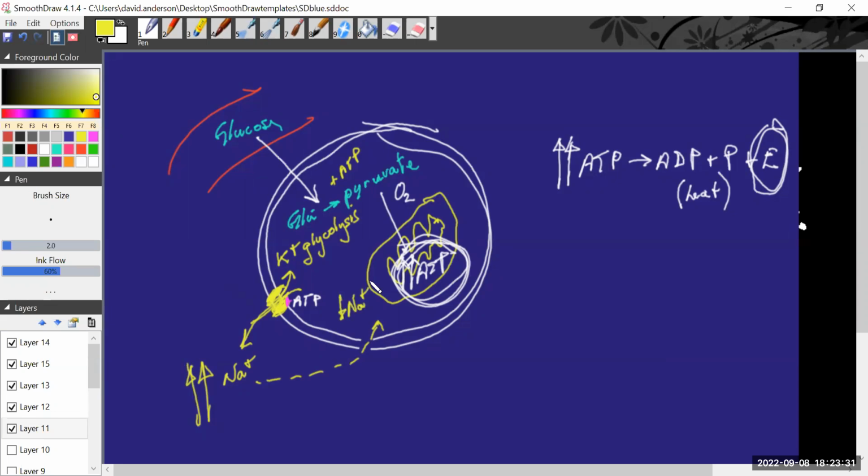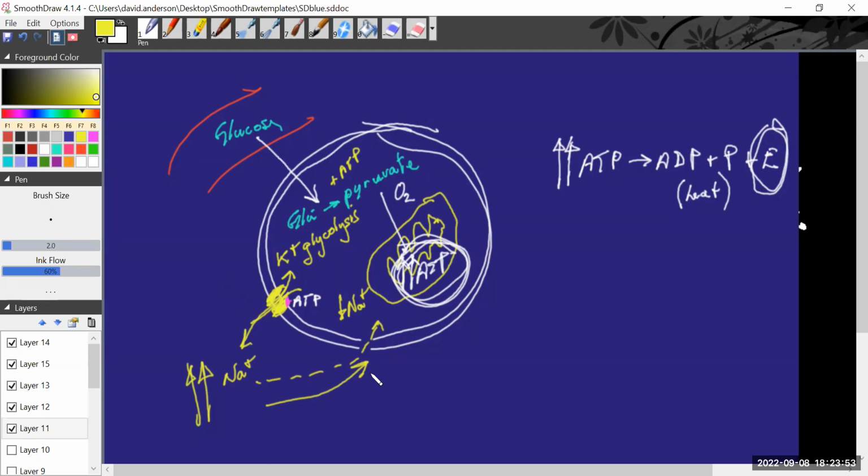So if there's a pathway, it's going to flow downhill into the cell. So we need a pump, and a pump that has to go uphill is going to need energy. It needs ATP. Right? You remember that?